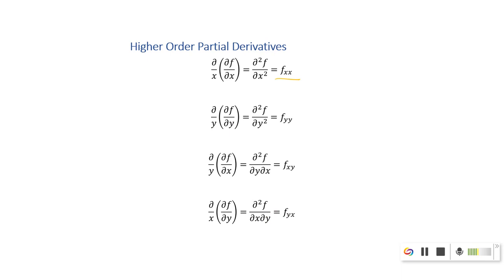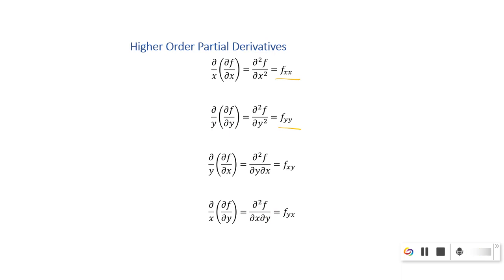If we want to take the derivative of f with respect to y twice, that would be f sub yy, or d squared f dy squared. All right, so those are two of our second order partial derivatives.